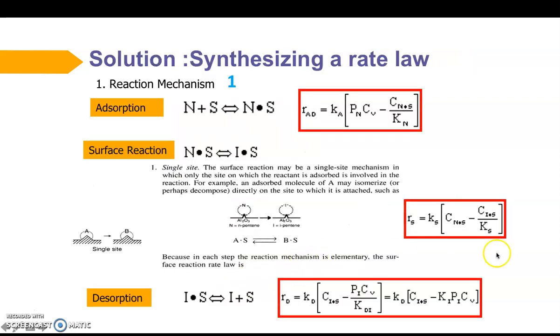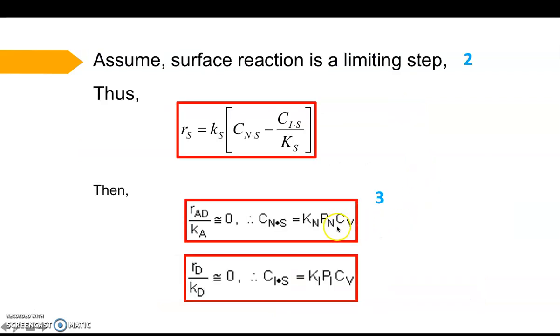So from the earlier equation, when this value equals 0, you can make PN times CV equal to Cn dot S over Kn, like in the next slide. Understand? Similarly for CV.